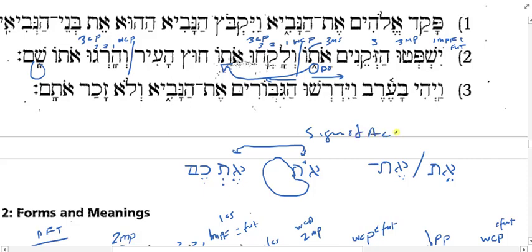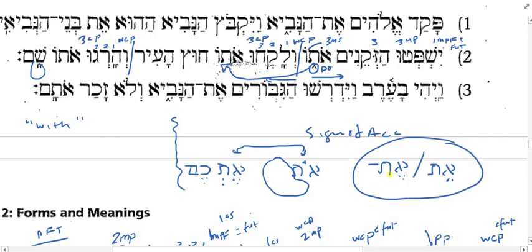That's the sign of the accusative. Now what we have to keep that distinct from is the preposition with. The preposition with is going to look exactly like the sign of the accusative when there are no pronominal suffixes attached. So that is ambiguous. But if I add the pronominal suffixes, it will become it with an i-class vowel here and a dagesh forte here.